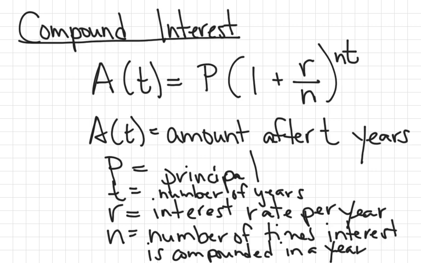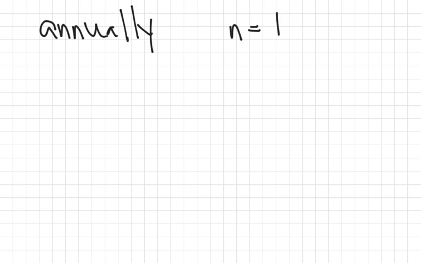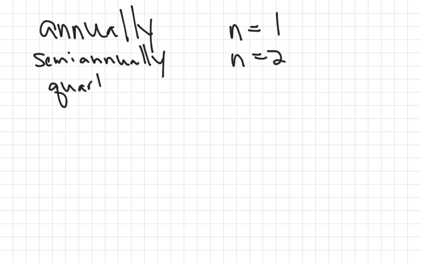There are several different ways we can compound interest, and I want to talk about those. Annually means you compound the interest one time per year. Semi-annually would be twice a year. Quarterly is how most banks give you interest if you have a savings account.